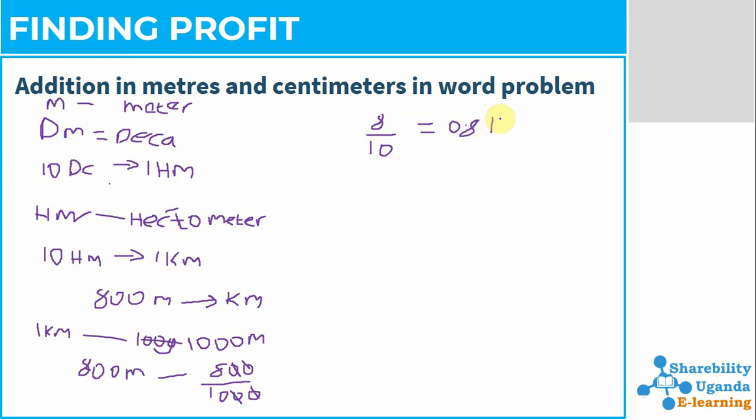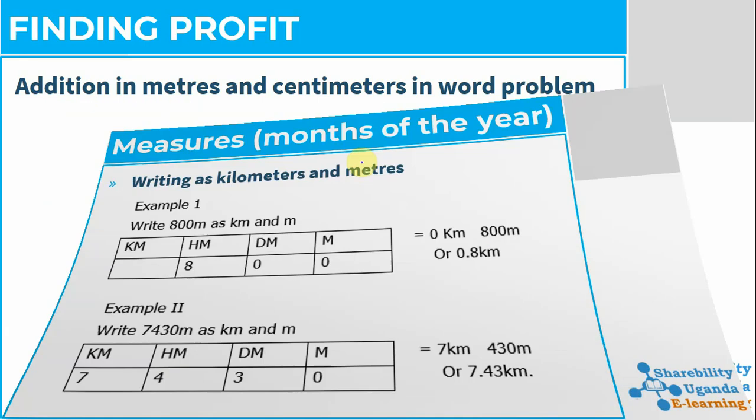So this is going to be in kilometers. In meters, you see it is too much. But when we put them back to kilometers, it becomes a very small number. So this is how we can solve numbers of that kind.